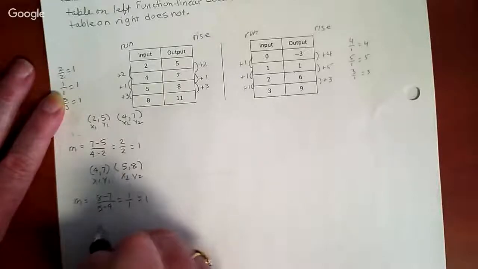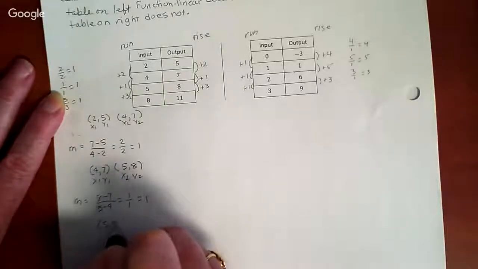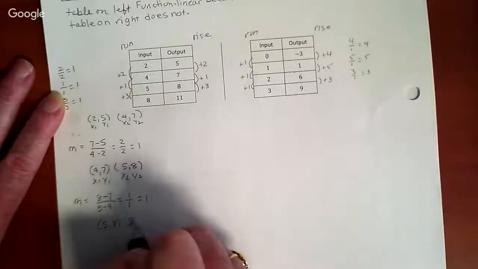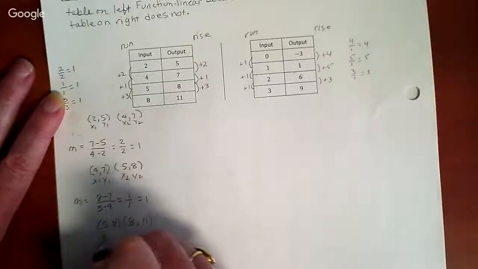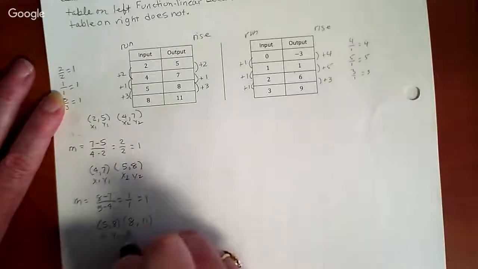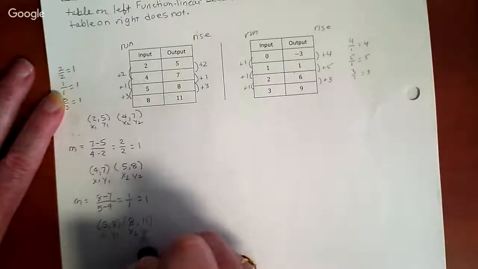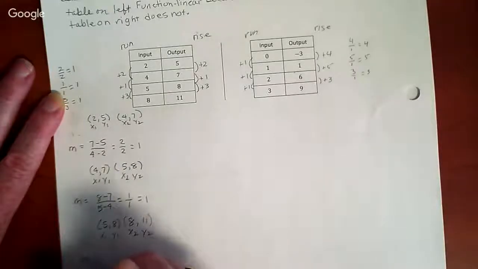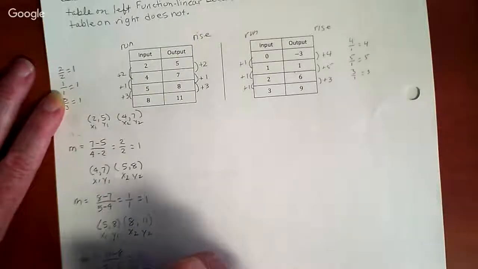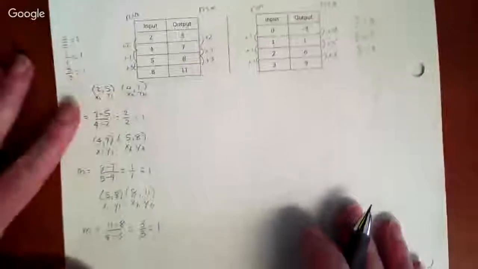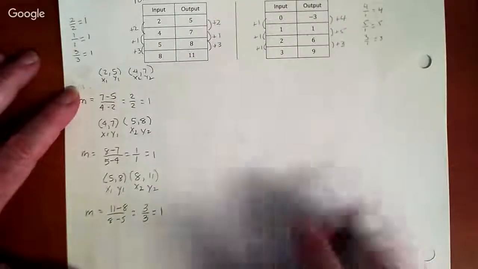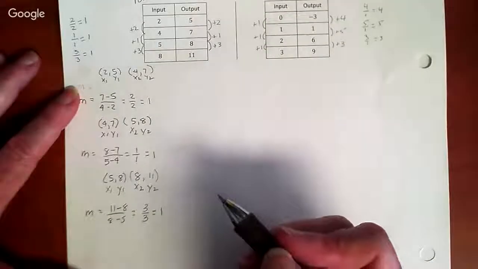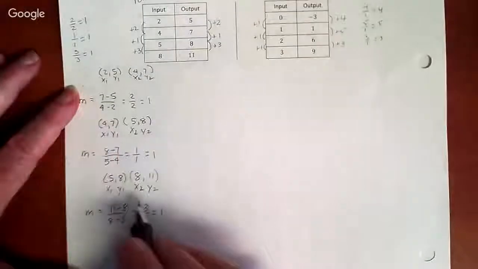Then I have 5, 8 and 8, 11. And once again, they all equal 1. So I'm proving that here.